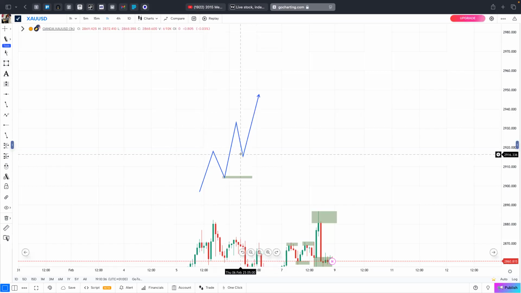We'll have another support level here. Then we got resistance here. We got another resistance here. Do you understand? So we have both resistance and support zones.